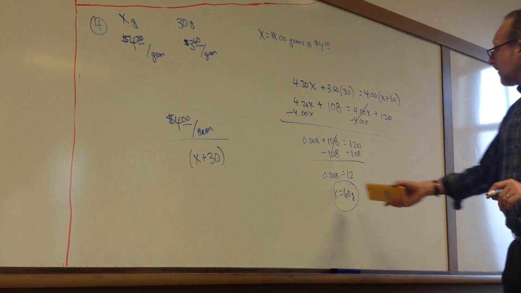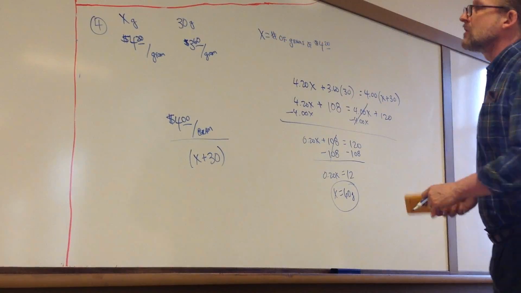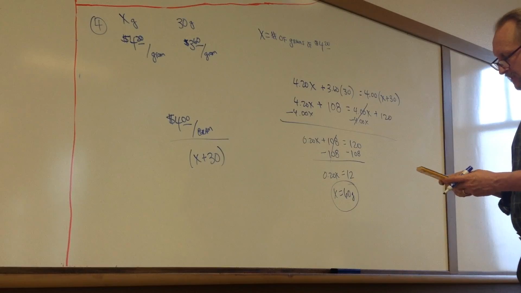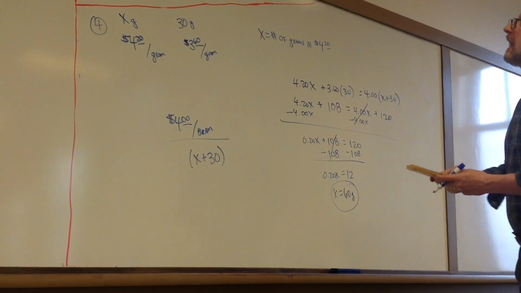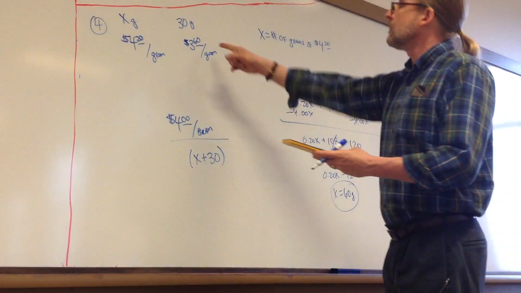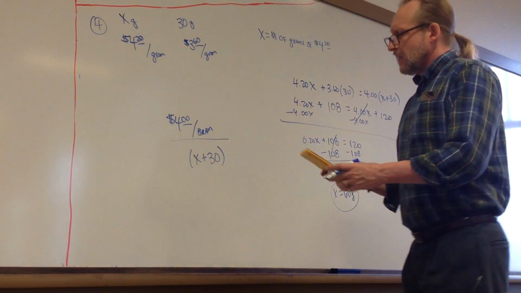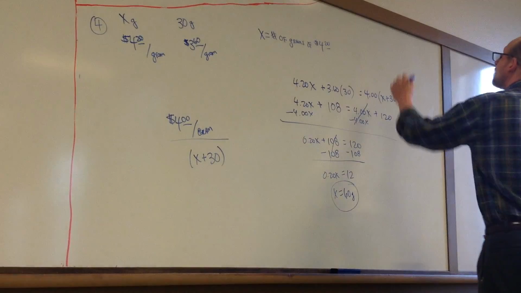Okay, so if we get 60 grams at $4.20 a gram, so 60 times 4.20, add that to the 30 grams times 3.60, that says that the total cost should be $360.